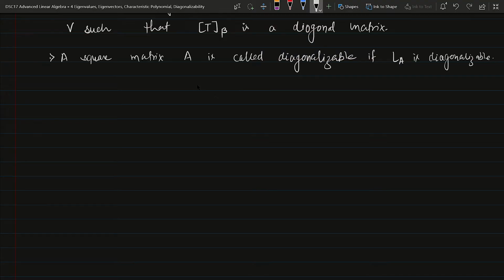So this is how we identify the definition. If the matrix representation of a linear operator is diagonal, then we say the linear operator is diagonalizable. Let us come to the second definition.